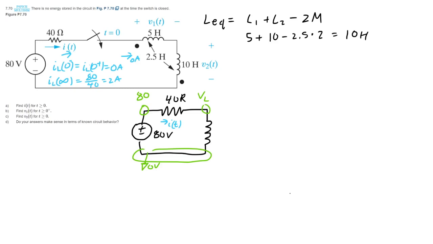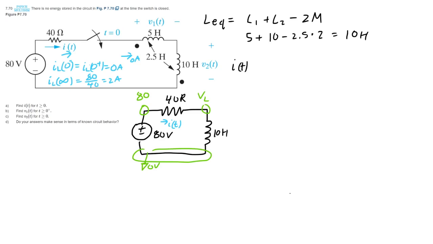So if we already have IL(0) and IL(infinity), we can go ahead and find I(t) right away. Let me just write this in here.